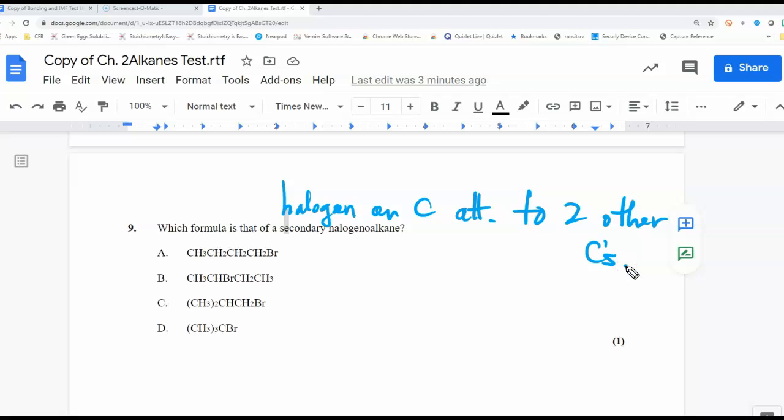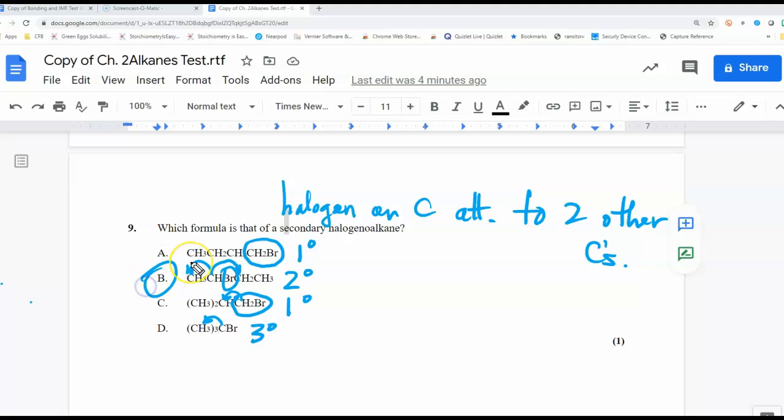Okay, so we need to take a look here. This one is a carbon attached to 1 other carbon, so that's primary. This one is a carbon, that's our secondary, a carbon attached to 2 other carbons. It's attached to that carbon and it's attached to that carbon. Here, this one is simply a primary, a carbon attached to 1 other carbon right there. And here, this one is tertiary. This is a carbon attached to 3 other carbons.